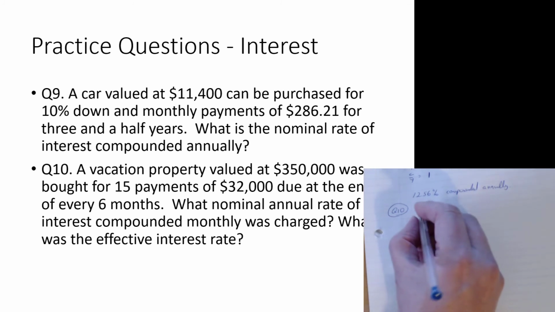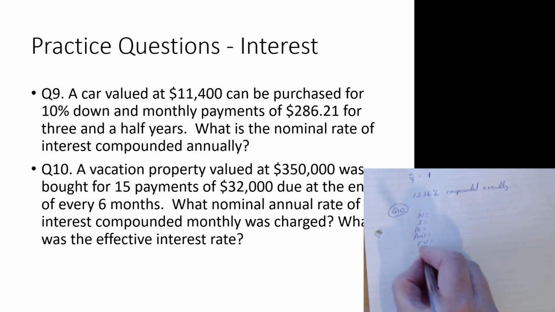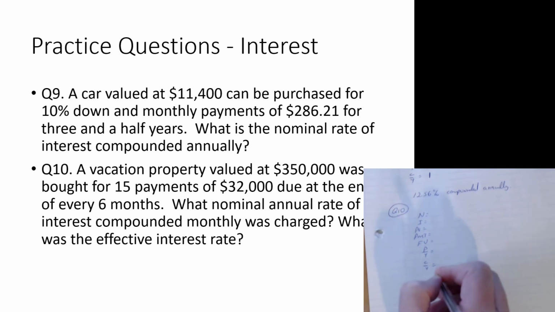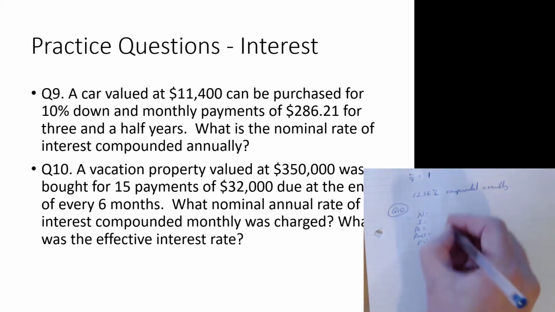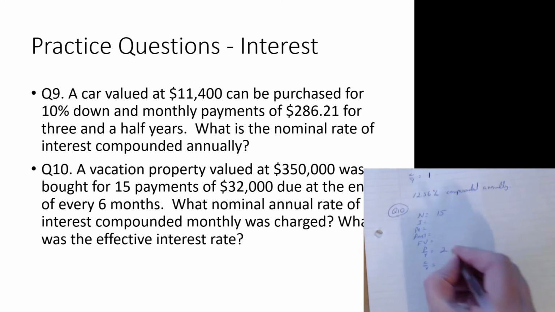So we have our N, our I, our PV, our payments, future value, payments per year, compounds per year. Standard stuff. 15 payments, and those payments are every 6 months, so there are 2 payments per year. We have an interest rate that we don't know, that we're going to find, but the compounding period was 12 per year.